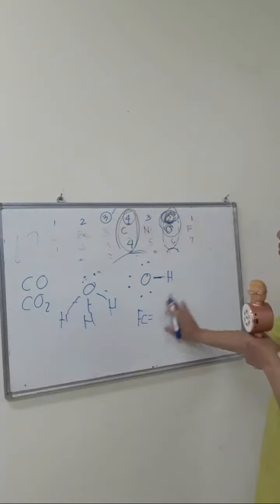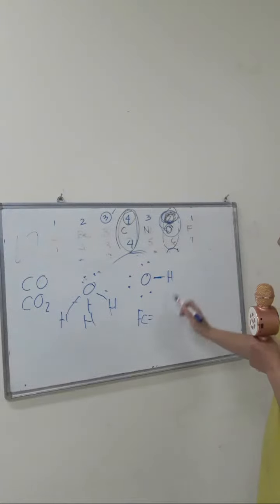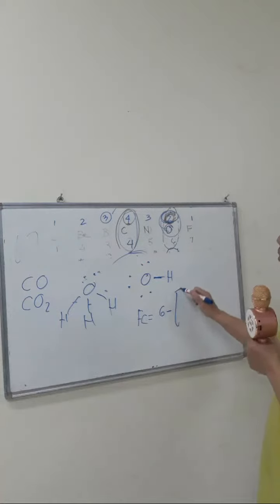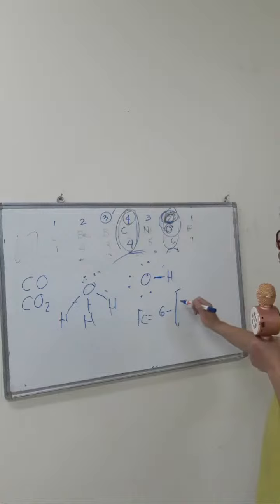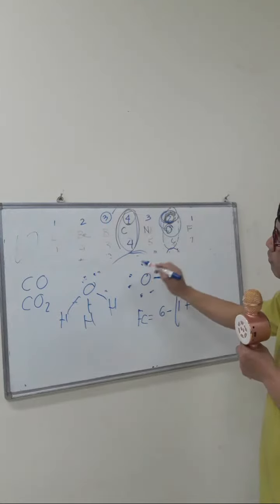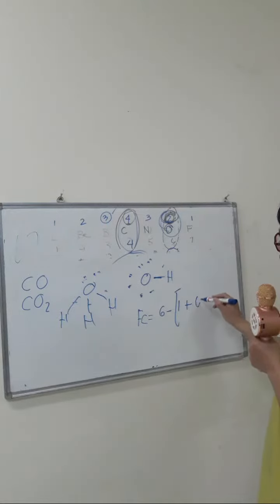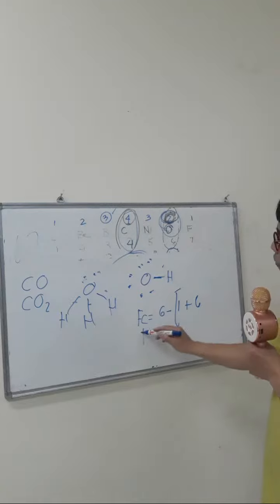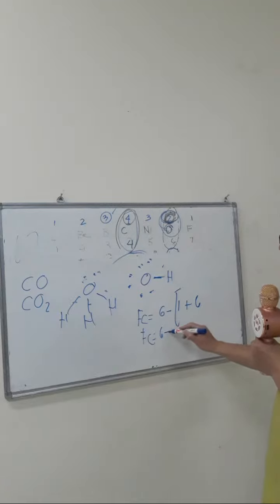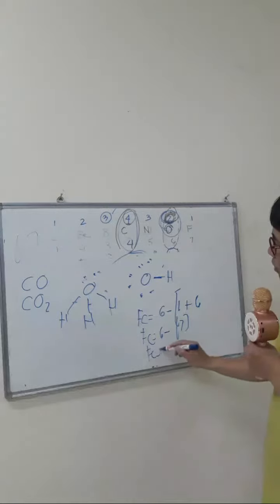Okay? It's going to be oxygen, valence is 6. Then the bonds, how many? 1. Plus how many are the unshared electrons? Here, 1, 2, 3, 4, 5, 6, so 6. So formal charge is equal to 6 minus 1 plus 6, 7, right? So formal charge is equal to negative 1.